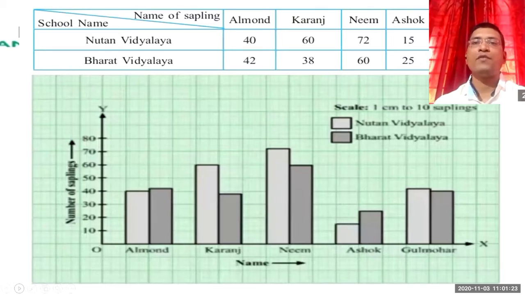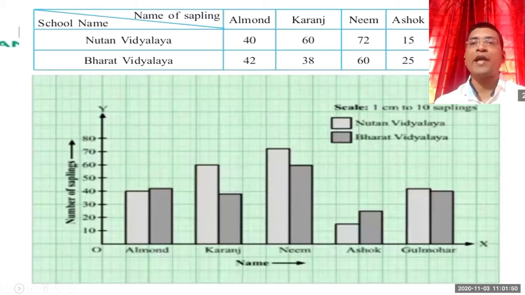Karanj plant. We will see the joint bar graph of Karanj. Nutan Vidyalaya planted 60. The bar graph of Nutan Vidyalaya is drawn till 60. And Bharat Vidyalaya graph is less than Nutan Vidyalaya. How many of Karanj? 38. Only 38 plants were planted by Bharat Vidyalaya.